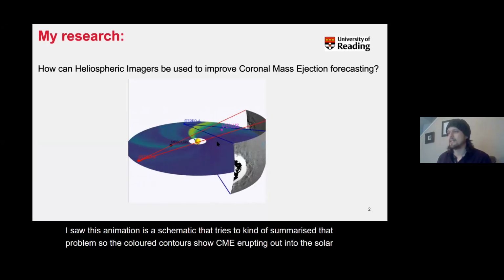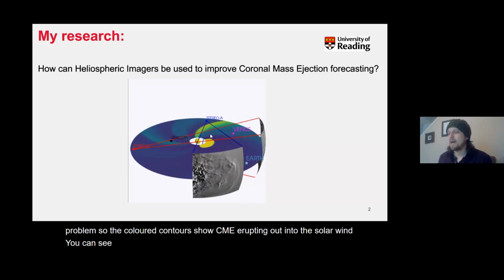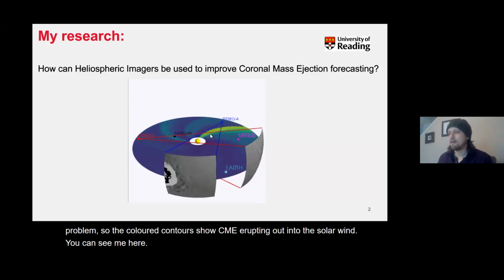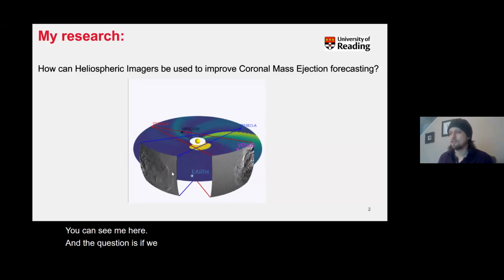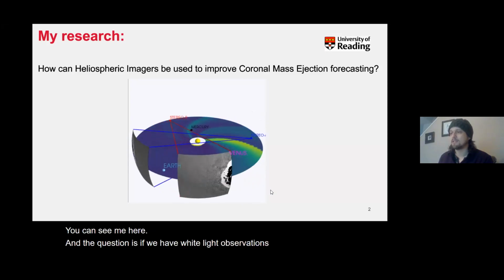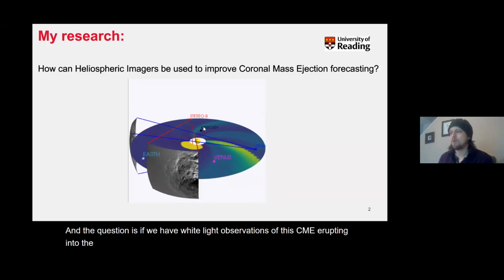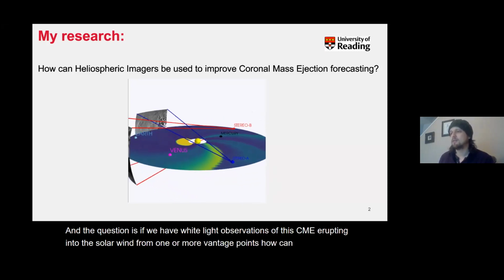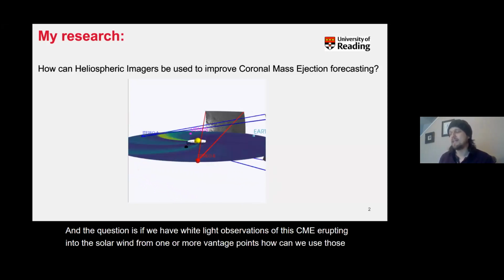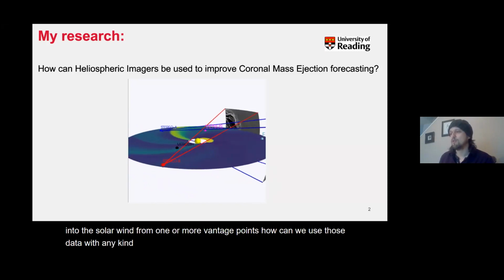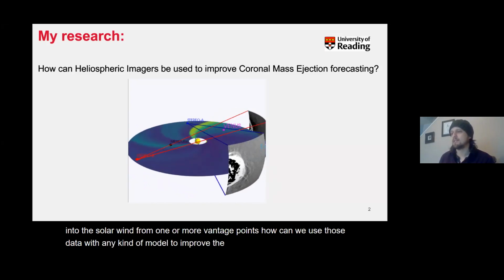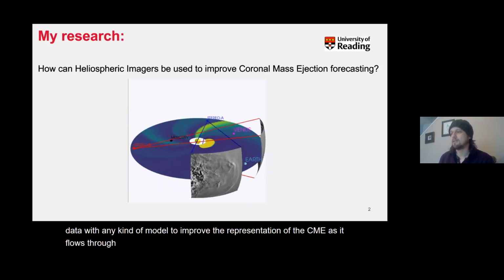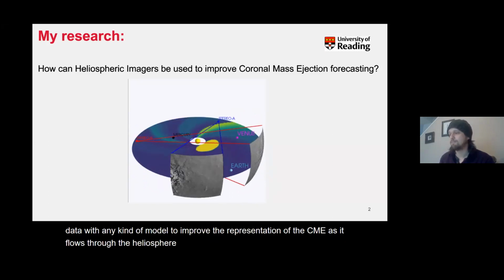The question is, if we have white light observations of this CME erupting into the solar wind from one or more vantage points, how can we use those data with any kind of model to improve the representation of the CME as it flows through the heliosphere and the prediction of its properties at Earth?